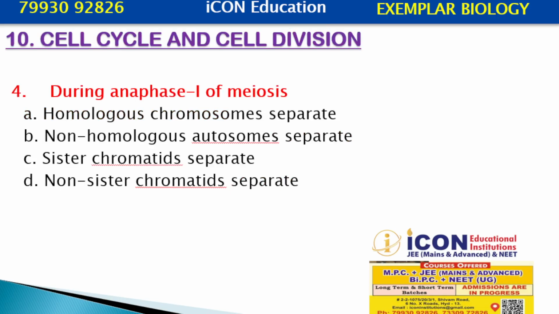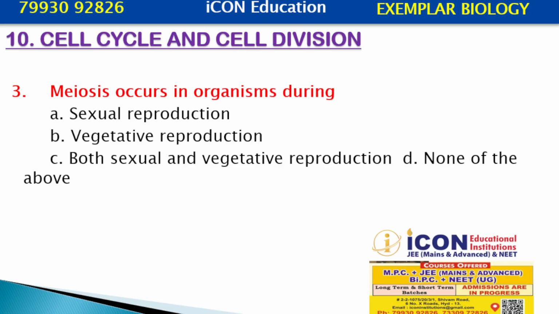Question number 3. Meiosis occurs in organism during. First option, sexual reproduction. Second, vegetative reproduction. Third, both sexual and vegetative. Fourth, none of the above.